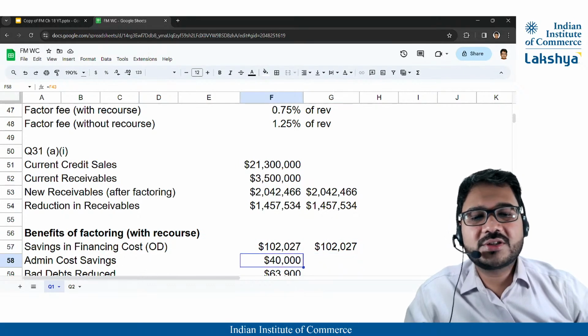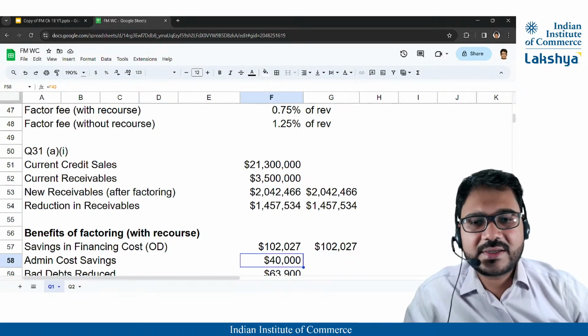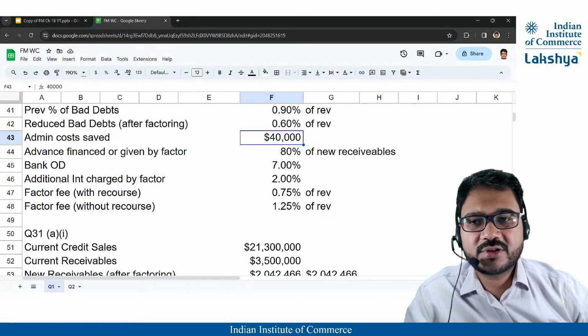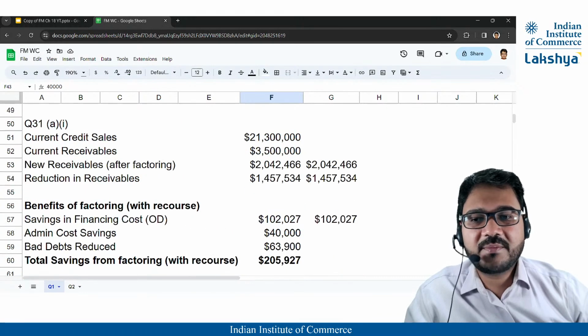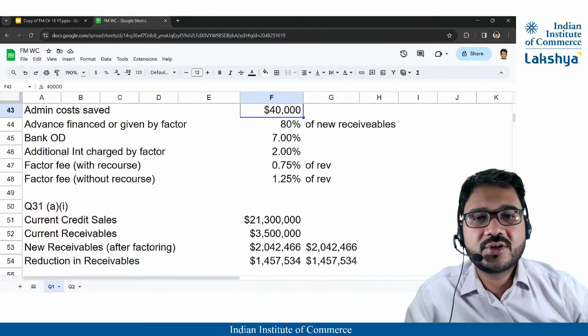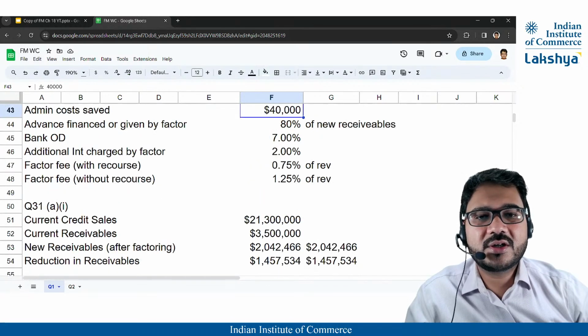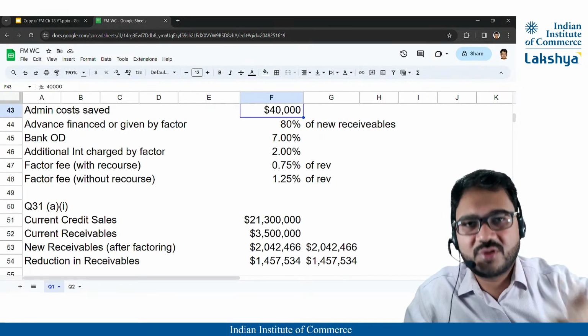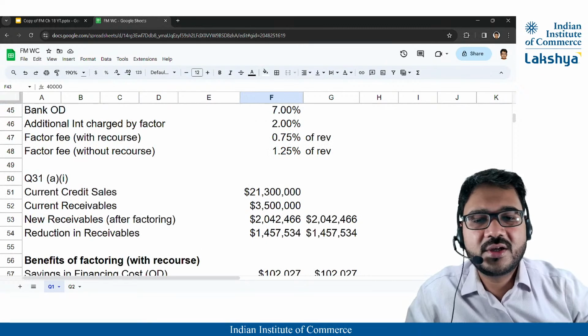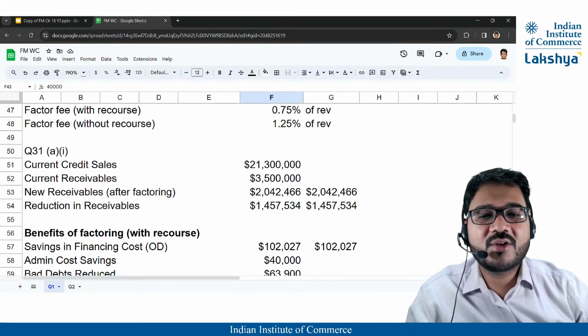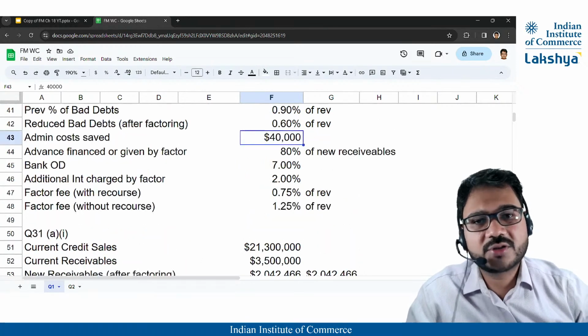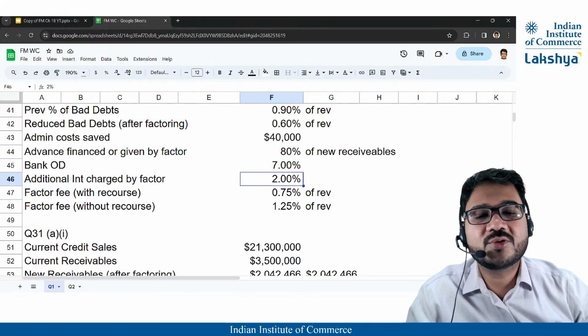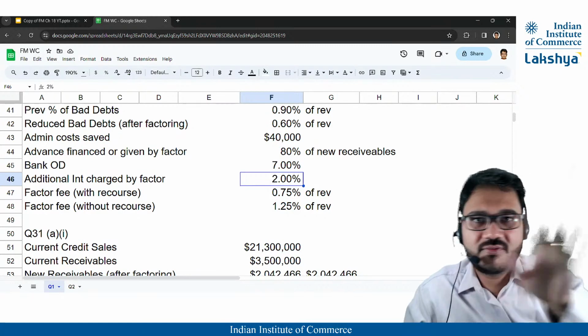Then admin cost saving is already given to us clearly over here, $40,000 admin costs, and bad debts reduced. Okay, now remember, we are looking at the benefits only. So we are not taking that, oh, with factoring, what is my funding cost? No, because funding cost is actually 7 plus 2, 9%. We're not doing that.